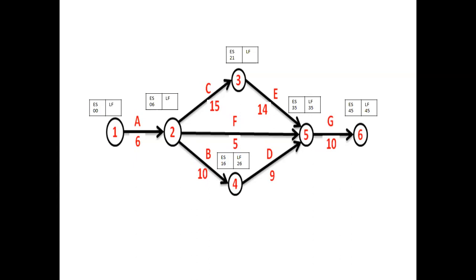Then for activity 2 to 3, or end event 3, the latest finish is 35 minus 14, which is equal to 21. The 21 is the latest finish time for activity C or 2 to 3.